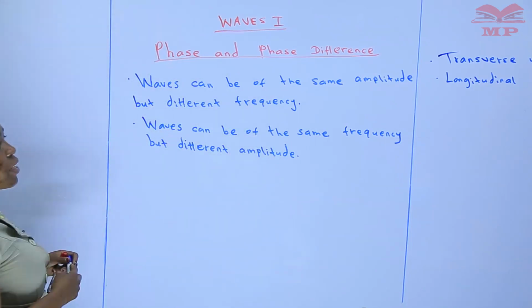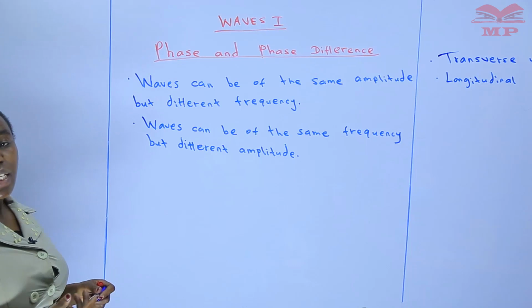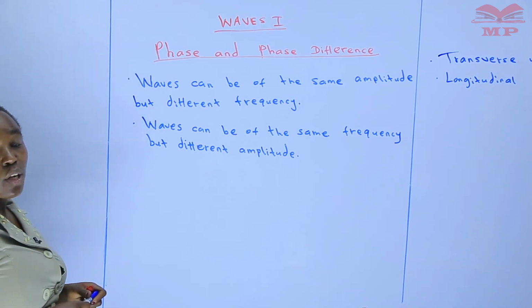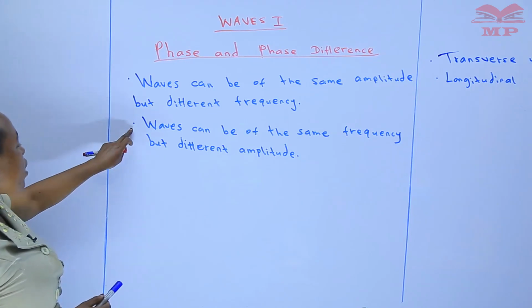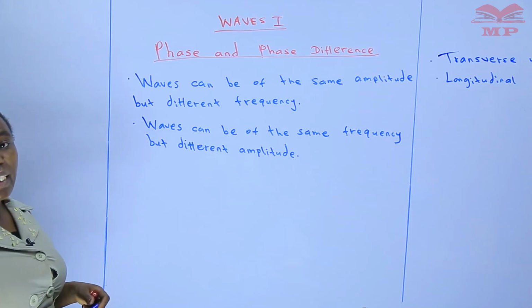We say the frequency is determined by the vibration of the source, which is the vibrator. Then waves can be of the same frequency but of different amplitude.